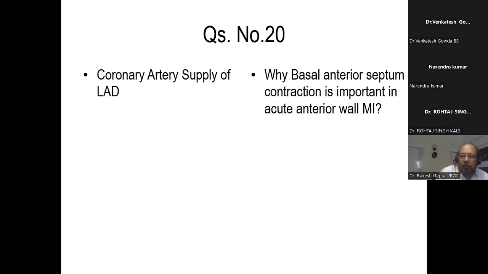Yes, sir. Four chamber. LAD territory, so apical region. I don't know what the apical region is in four chamber. Five segments are there.